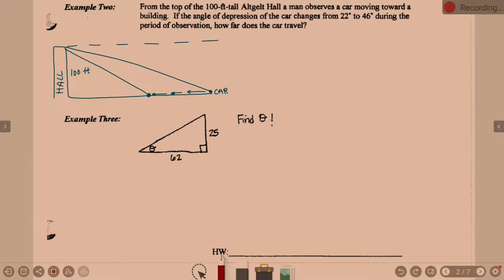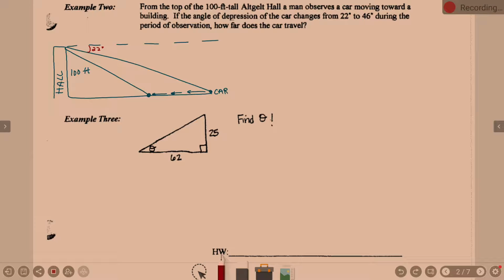So we're looking at this right here is 22 degrees. But then the car's moving towards him, and as the car moves towards him, that angle of depression increases to 46 degrees.